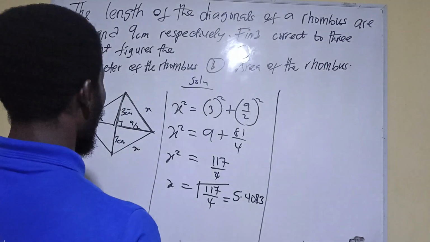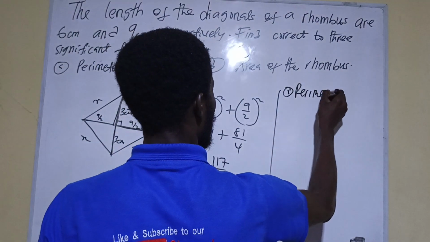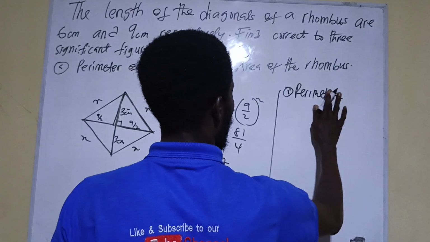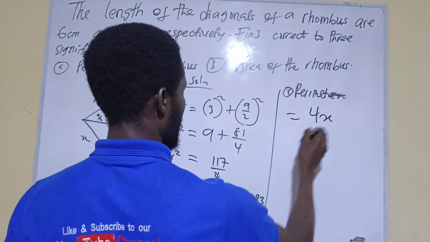Now how do we find the perimeter? The perimeter is 4x.